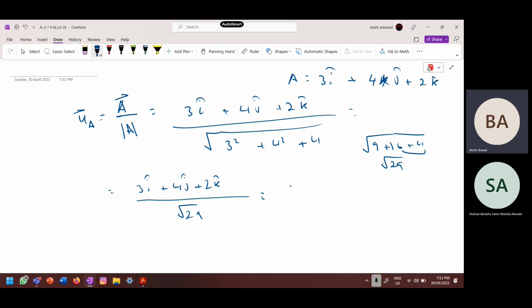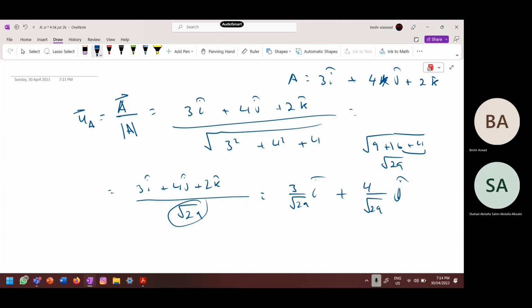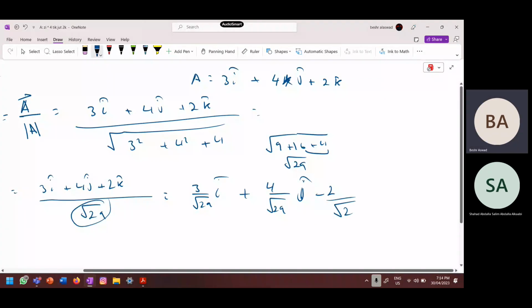This can be simplified to 3 over square root of 29 i plus 4 over square root of 29 j plus 2 over square root of 29 k. If you can actually simplify this, you can go for it. It's fine. But you'll not get any difficult values in the exam.